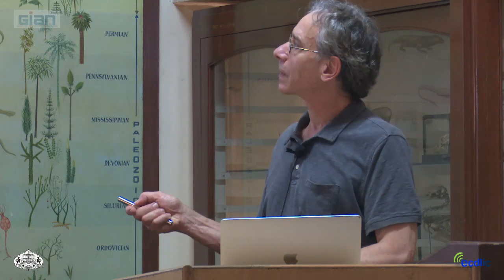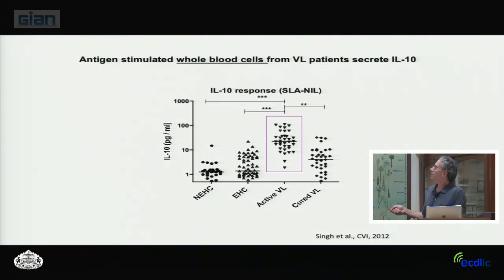And if we go back to the whole blood assays, so remember before, the whole blood assay in terms of interferon gamma secretion didn't distinguish between active patients and drug-cured patients who are considered immune and asymptomatics who are responsive and considered immune.